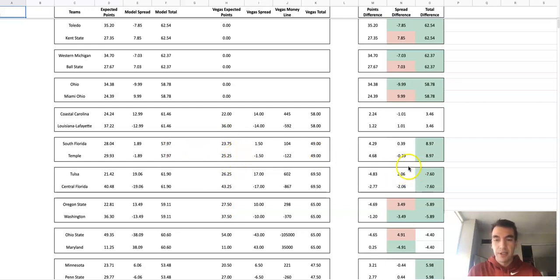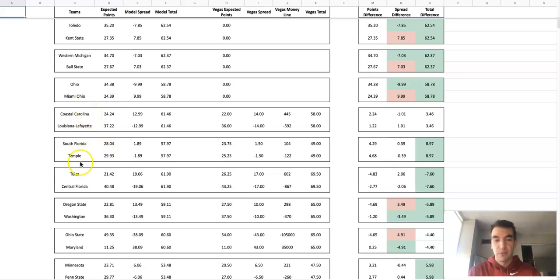The model expects 9 more points to be scored in the total. And so both South Florida, going from 24 to 28 points, and Temple, 25 to 30 points, would be good places to target in DFS over what you'd expect a more chalky Lafayette team that's going to try to run the ball on Coastal Carolina.